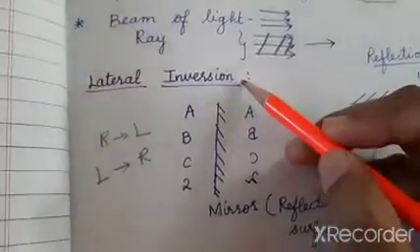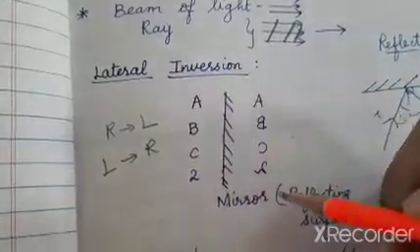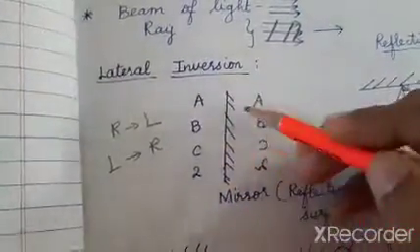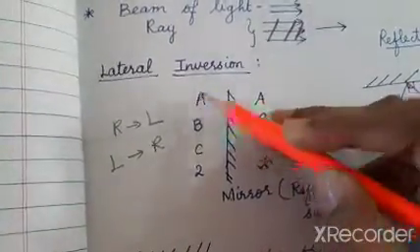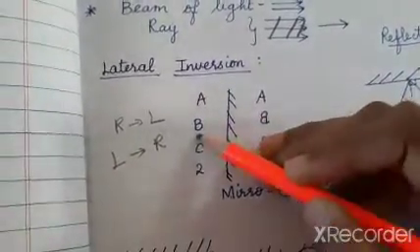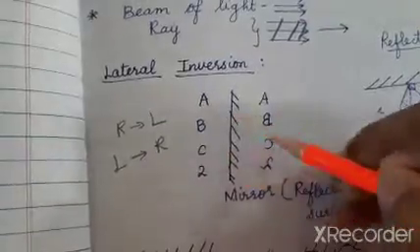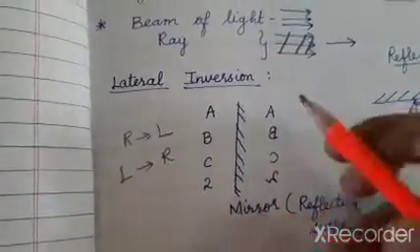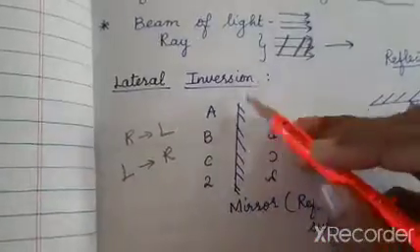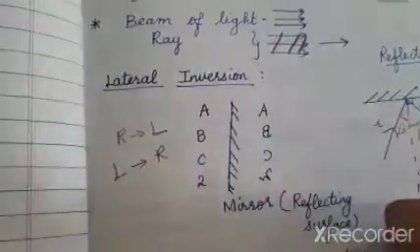This property is called lateral inversion. So how will the letters look when we show them to a mirror? In the mirror, A appears inverted, B like this, C like this, or any other letters we show in the mirror, its mirror image would be laterally inverted.